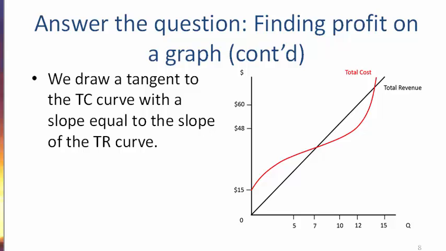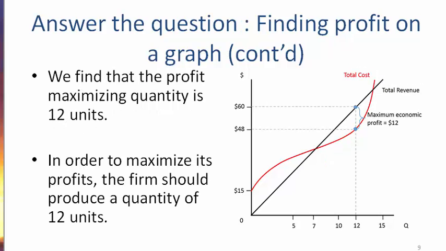Okay, so what we need to do then is draw a tangent to the total cost curve to find out where the slope of the tangent would be equal to the slope of total revenue. And if we do this, we see that actually the profit maximizing quantity is going to be 12. This will be the area where the firm is making the most profit.